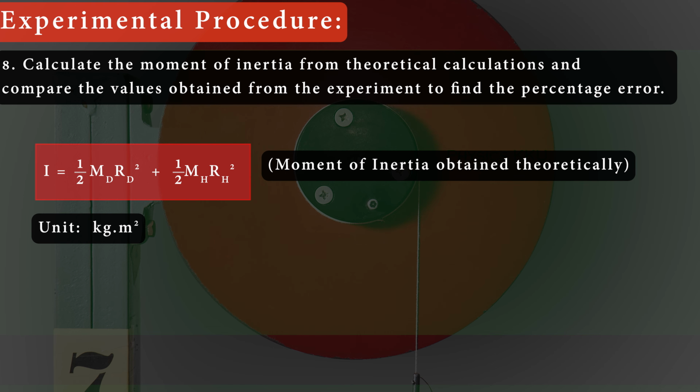Since the wheel and shaft system are cylindrical and rotate around the axis of the cylinder, with the axis of rotation passing through the center of mass of the cylinder, the theoretical moment of inertia of the wheel and axle is given by I equals 1/2 md rd squared plus 1/2 mh rh squared, where md and rd are the mass and radius of the wheel, and mh and rh are the mass and radius of the axle. The unit of the theoretical moment of inertia is kilogram meter squared.